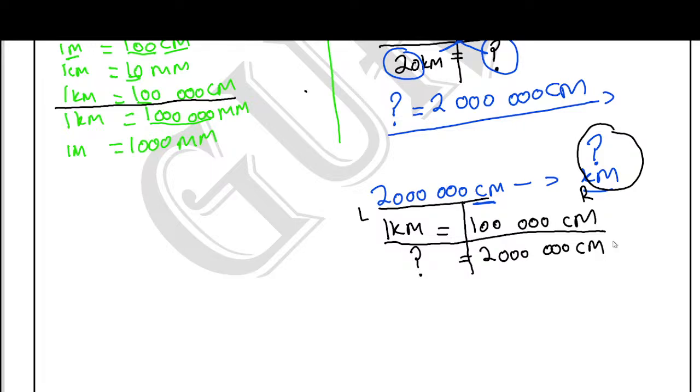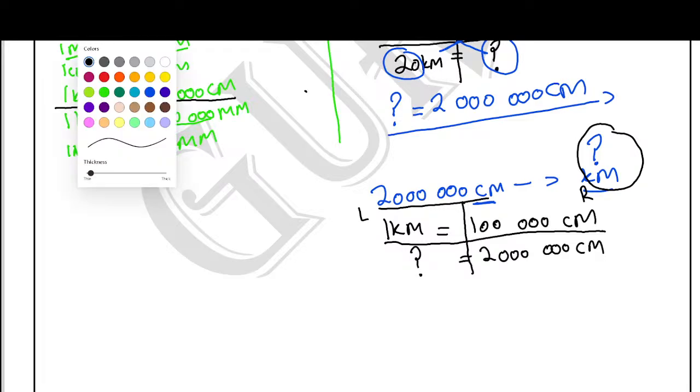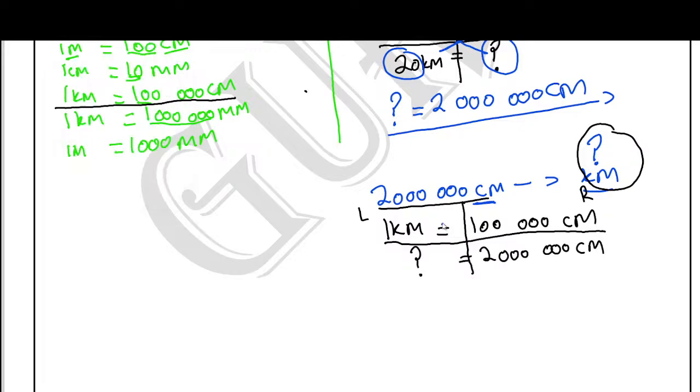All right, so now we introduce our cross multiplication again. So our cross multiplication, we're going to do this. And remember, when we cross multiply, we start with our unknown. So it is going to be our question mark multiplied by 100,000.